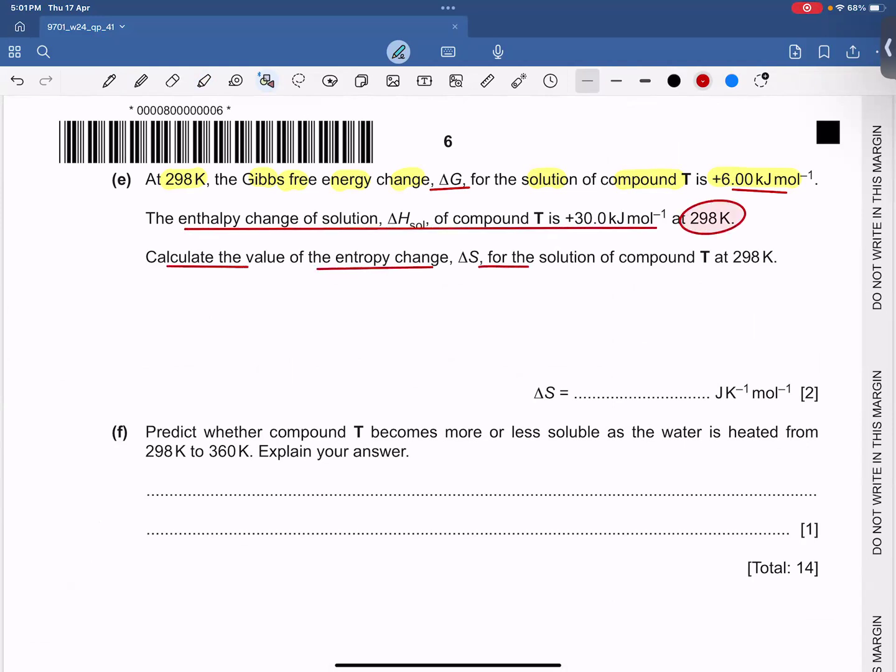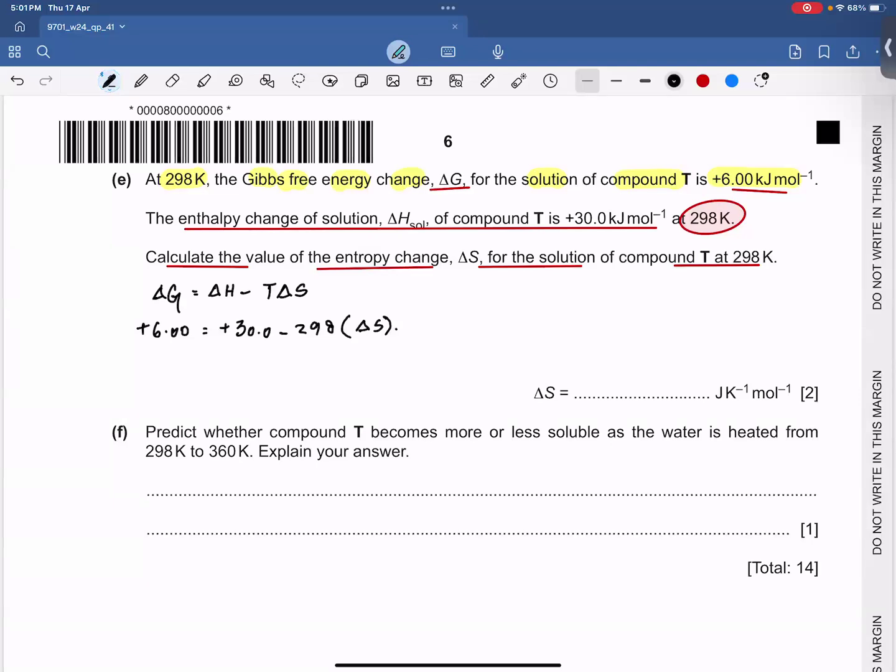Calculate the value of the entropy change for the solution of compound T. Okay, so I'm going to use delta G equals delta H minus T delta S. So delta G is plus 6.00, delta H is plus 30.0, minus T is 298 Kelvin, and we need to find delta S.